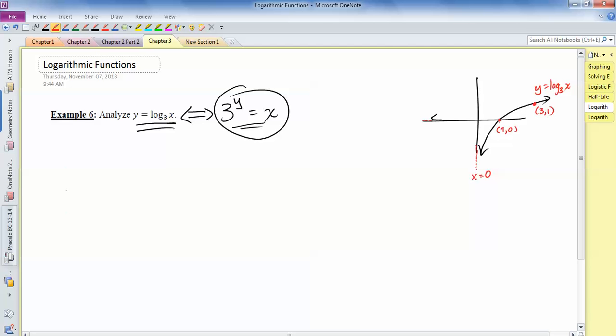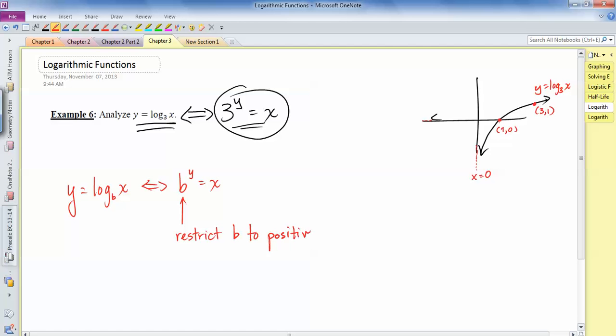Let's look at general patterns. So y equals log base b of x. All these graphs have certain things in common. First, you can always convert to b to the y equals x. And remember, when you have b as the base in an exponential function, we restrict b to be positive numbers.